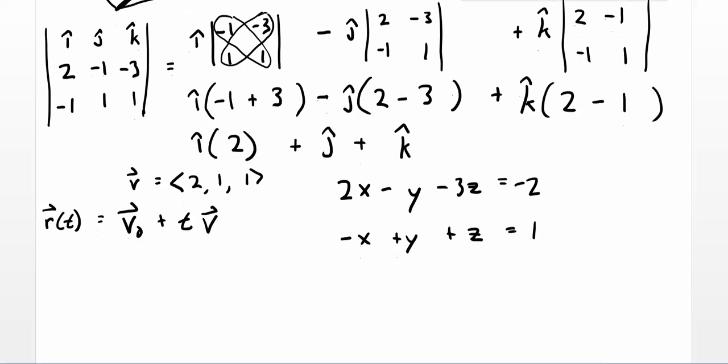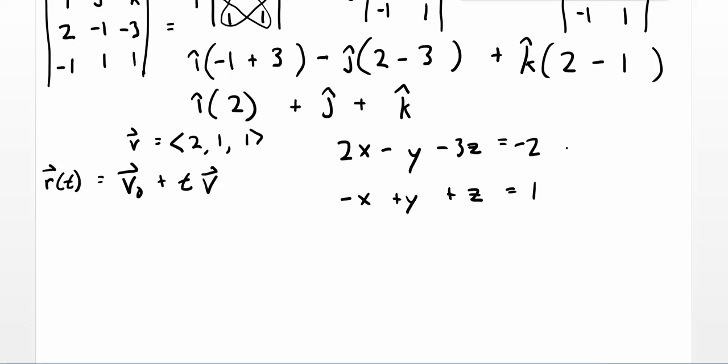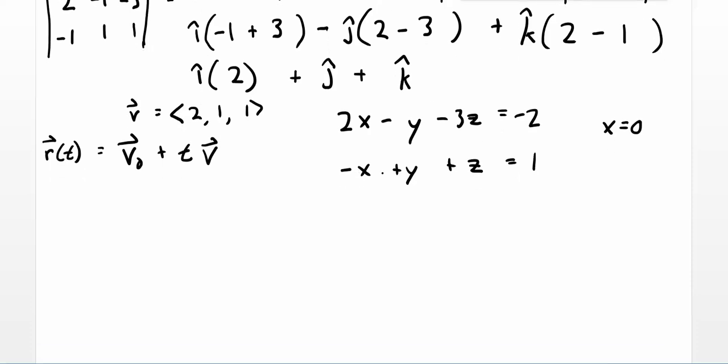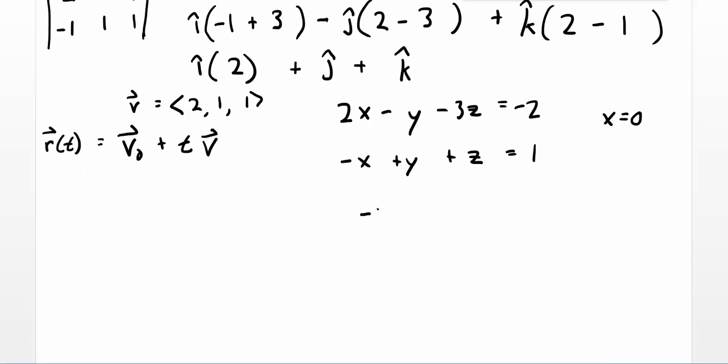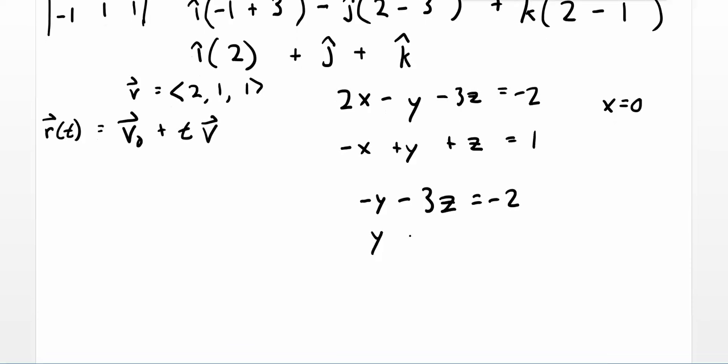So we're going to choose x being 0, and we're going to find the y and z that satisfy these two equations. So if x is 0, then the first equation becomes negative y minus 3z equals negative 2, and the second equation becomes y plus z equals 1, because both of these just disappeared when we let x be 0.